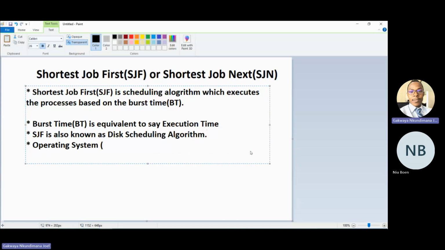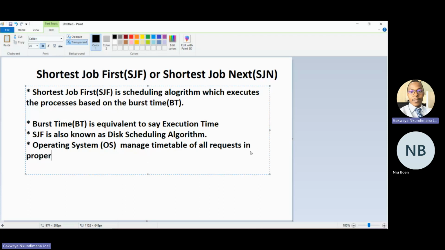In the operating system, which you have such as Windows, Linux, or OS, the operating system manages the timetable of all requests in a proper manner.